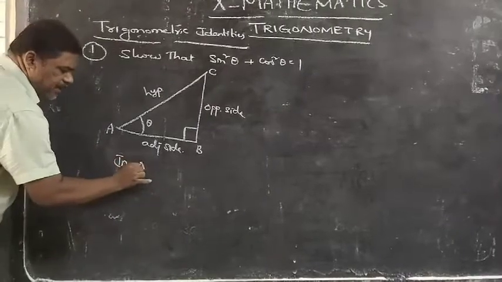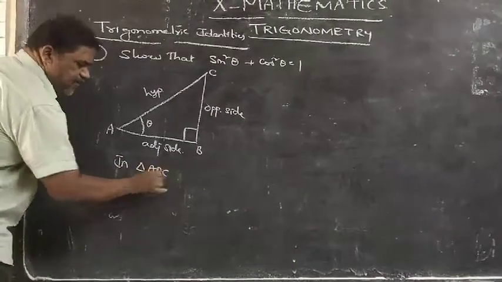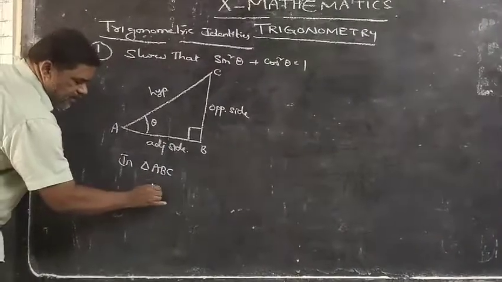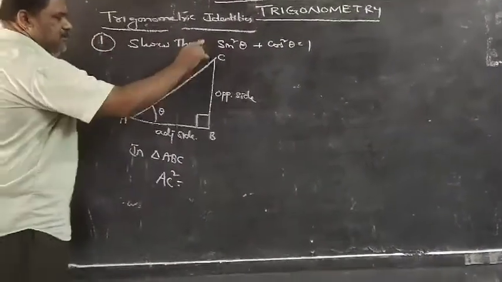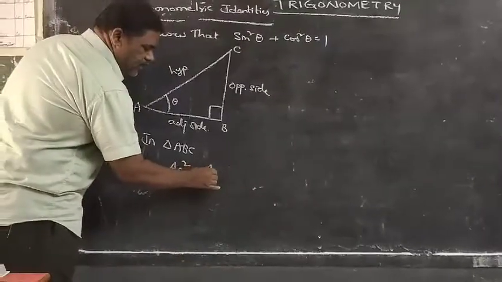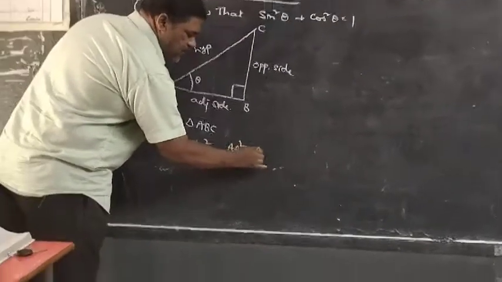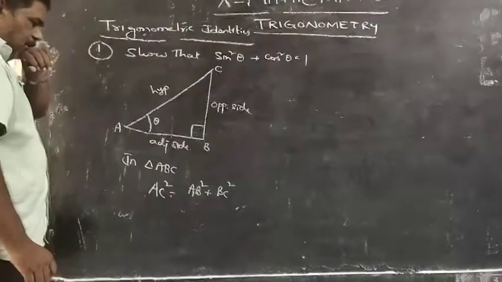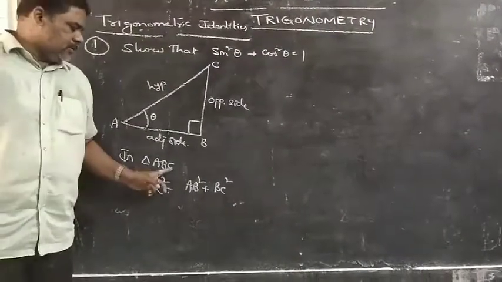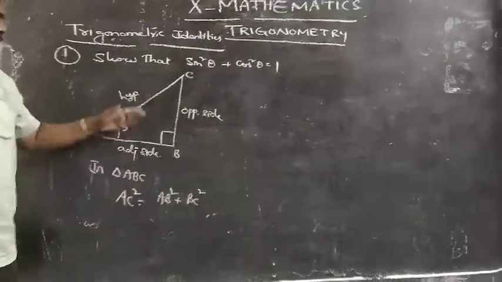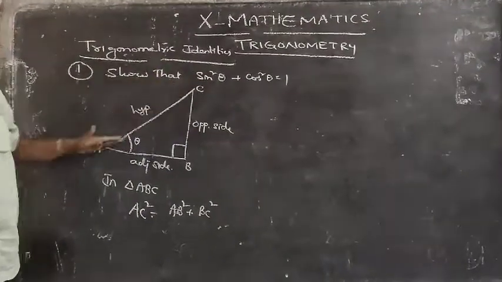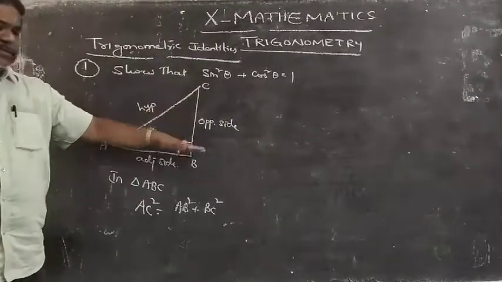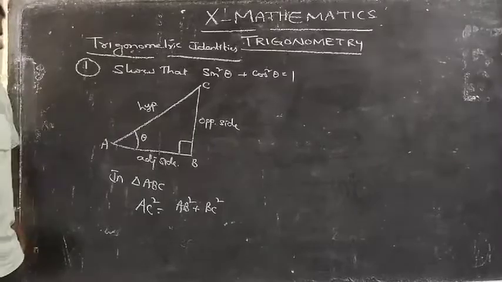So in right angle triangle ABC, if you apply Pythagoras theorem, square of the hypotenuse AC square is equal to sum of the squares of other two sides, AB square plus BC square.